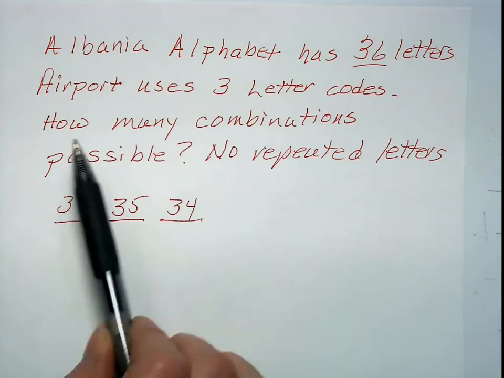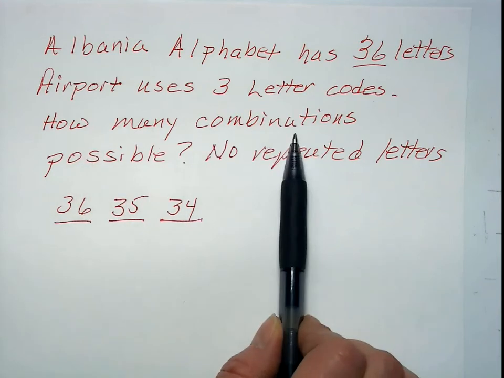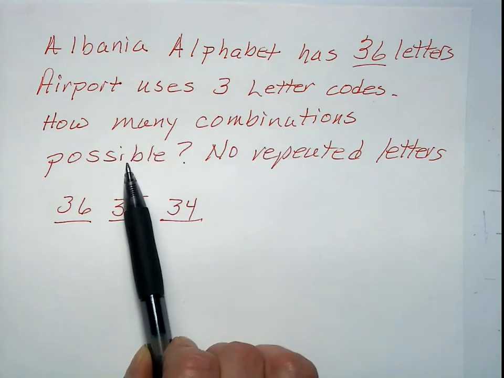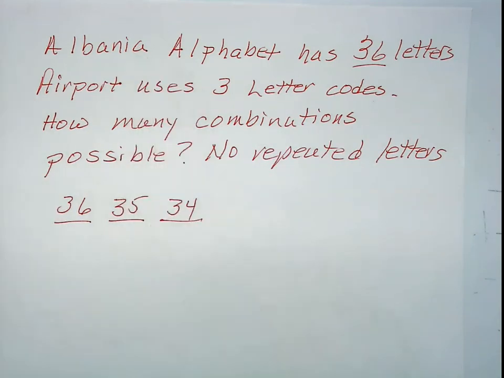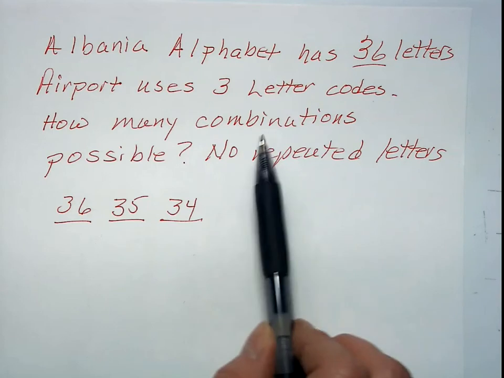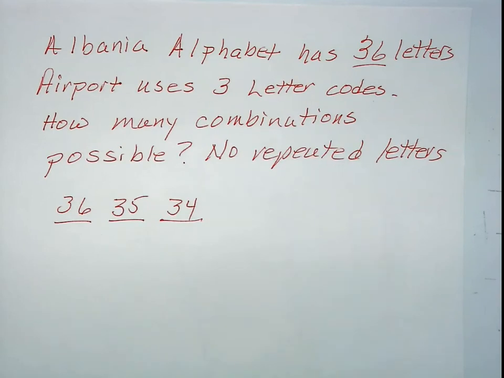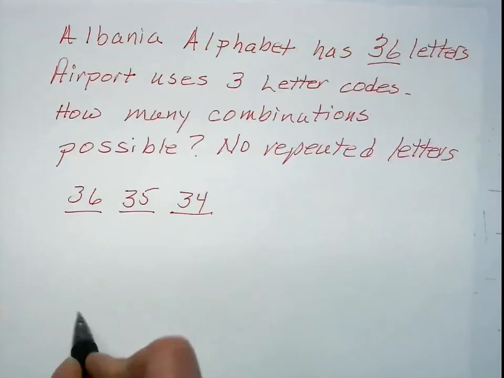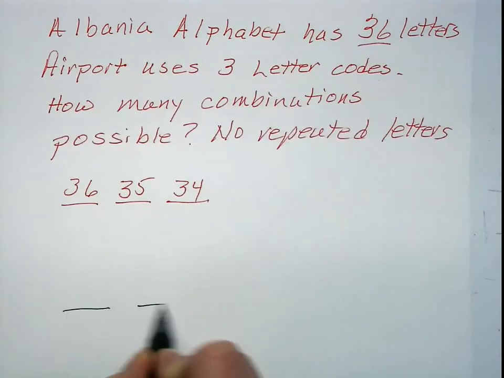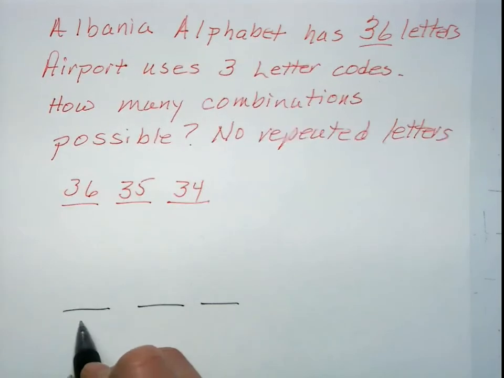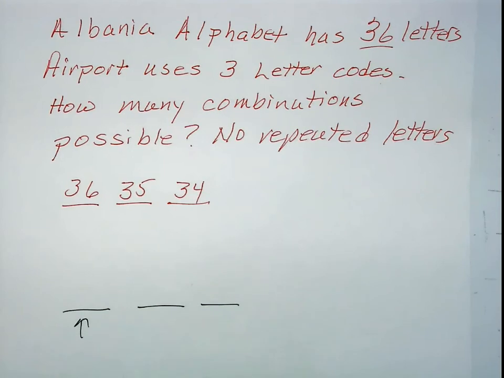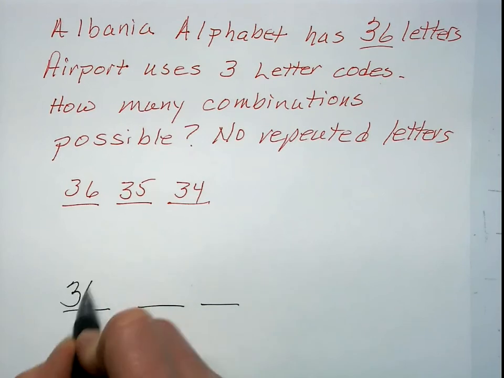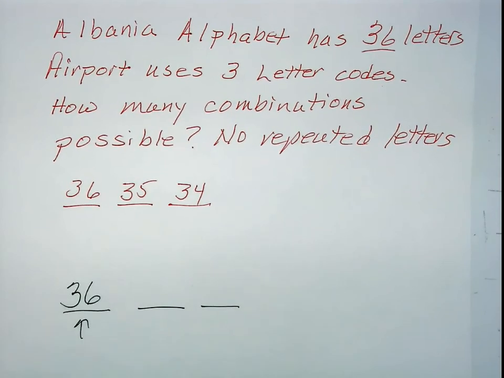I want to know how many possible combinations of letters are possible if we use the Albanian alphabet and there's no repeated letters. So, here's a little hint here. There's 3 letters. The first one has 36 different letters to choose from.